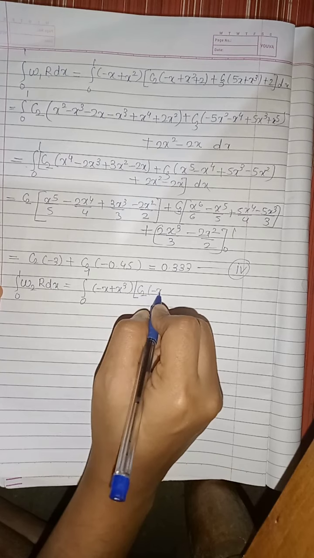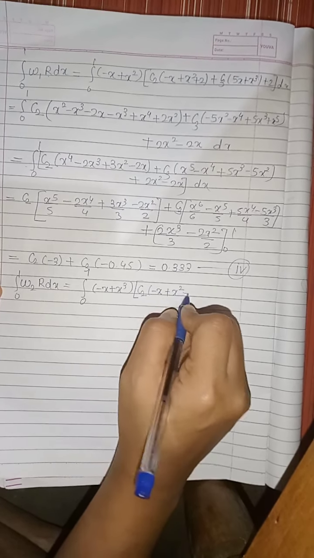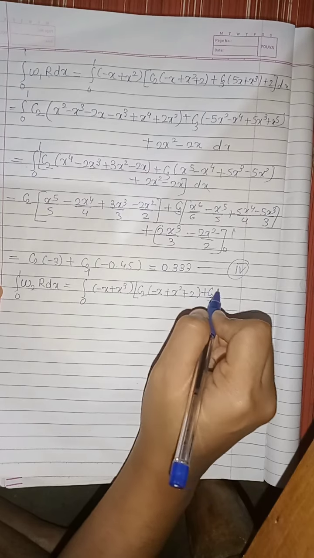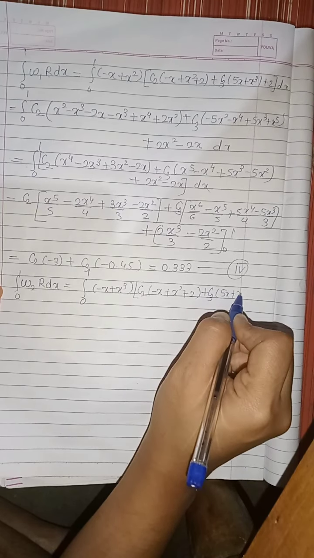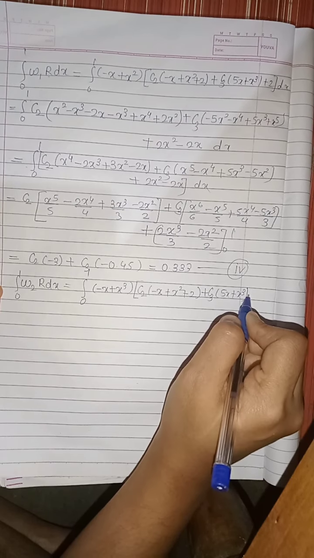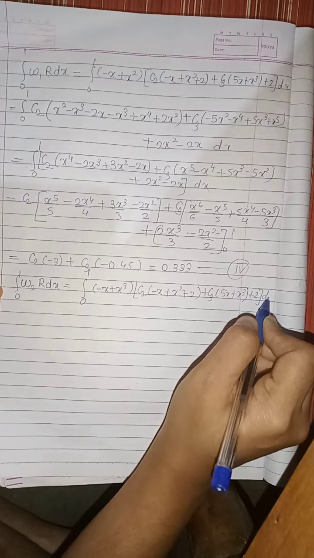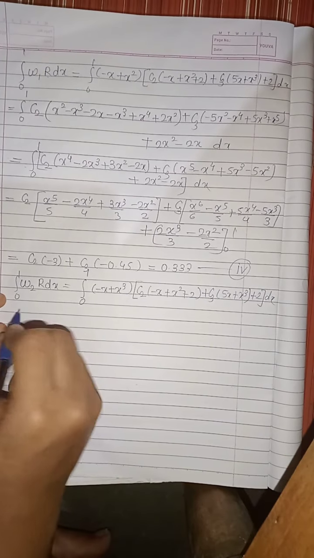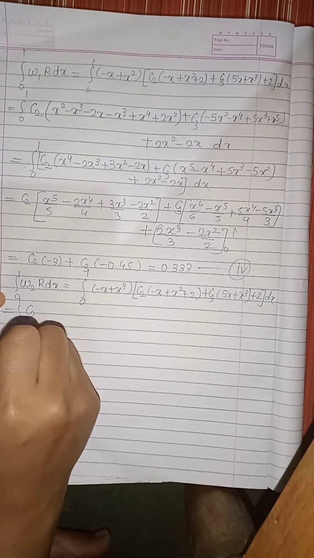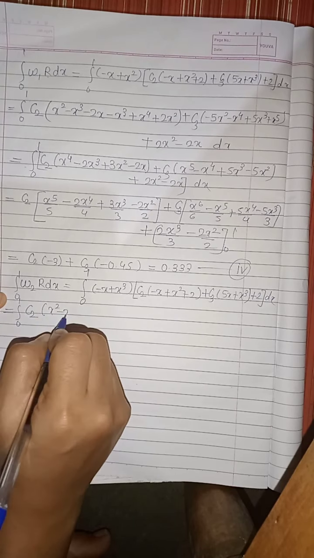So c2 into minus x plus x square plus 2 plus c3 into 5x plus x cube plus 2 dx.